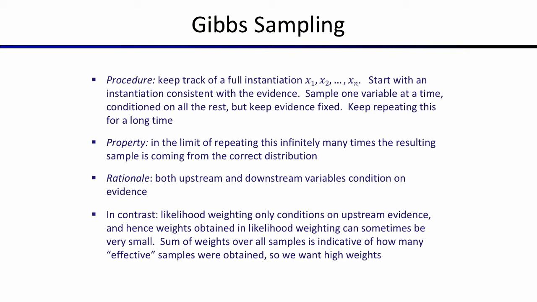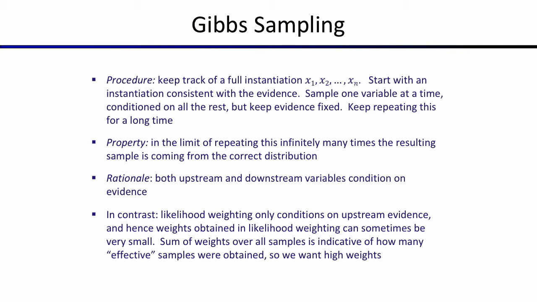We start with one full instantiation and start making changes to it until we get the sample that we want. So we start with one instantiation that is consistent with the evidence. That's good. Sample one variable at a time, conditional on all the rest, but keep the evidence fixed. And keep repeating this for a long time.